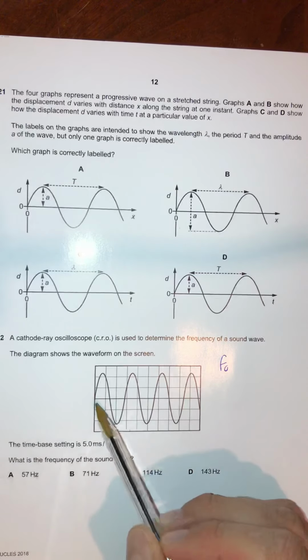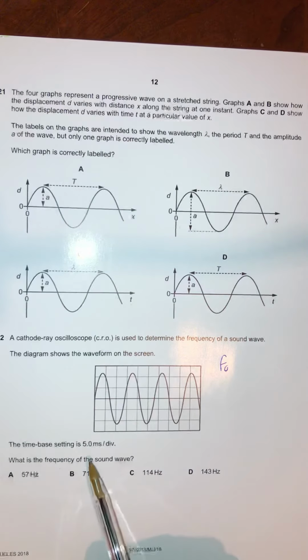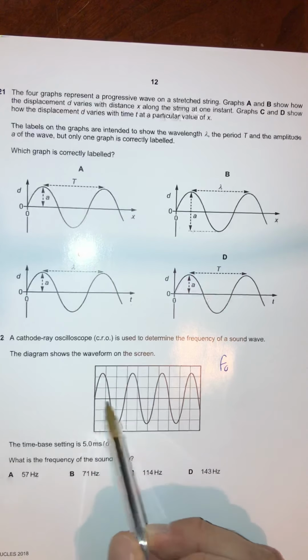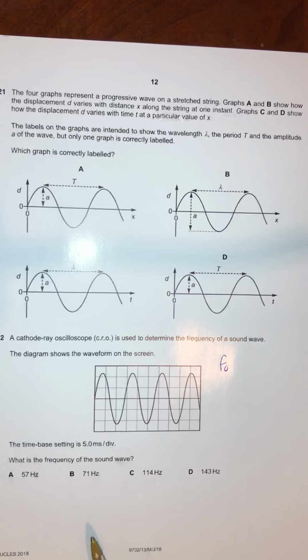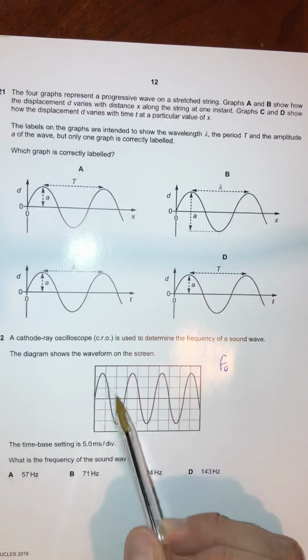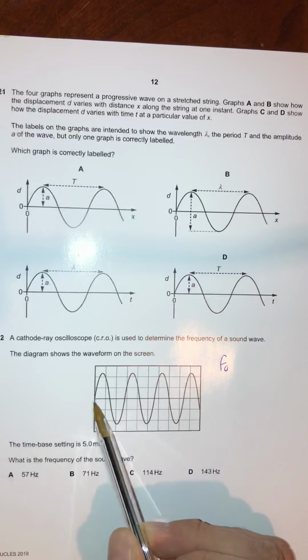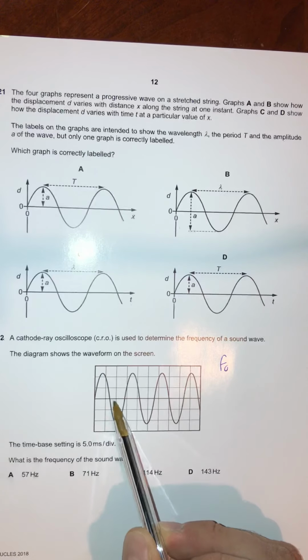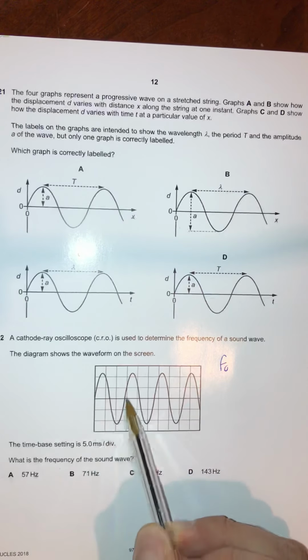So you want to look at an entire waveform. The time-base setting tells us how much time each one of these squares or divisions represents, so 5 milliseconds per division. So we're really seeing the time period of the wave. This is 5, 10, it's about 15 milliseconds for one wave there.